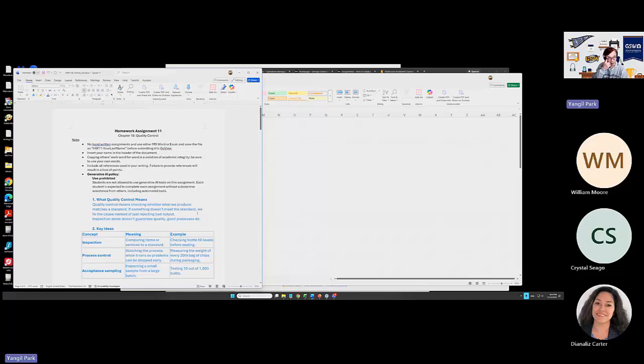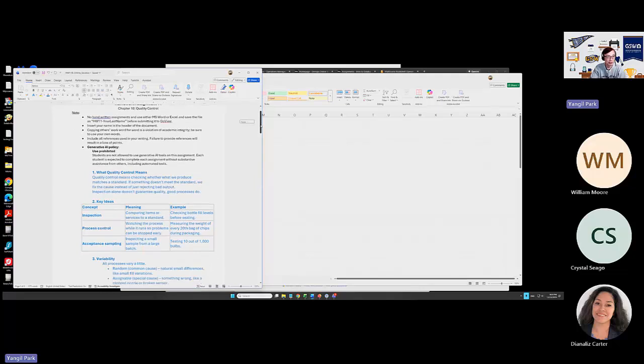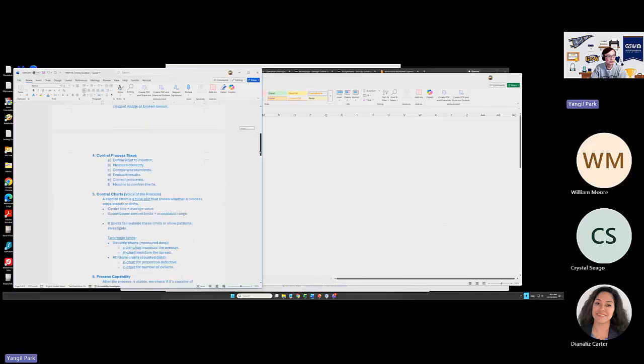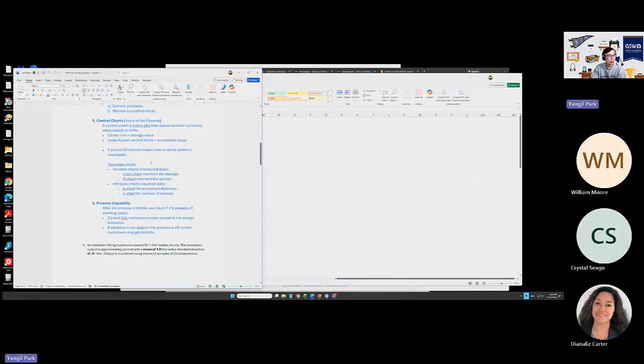Chapter 9 was management of control, more of a conceptual idea of how to manage quality. But this chapter will provide us more technique on how to inspect, how to control, and how to sample quality, using statistical skills. More specifically, I think they call them control charts, okay?